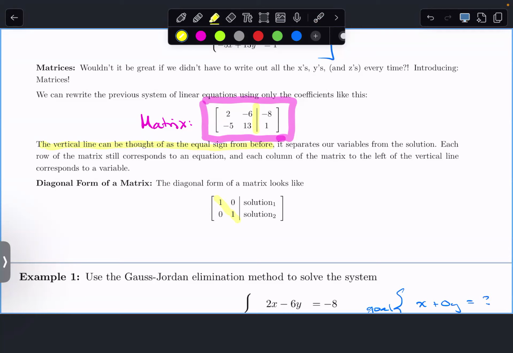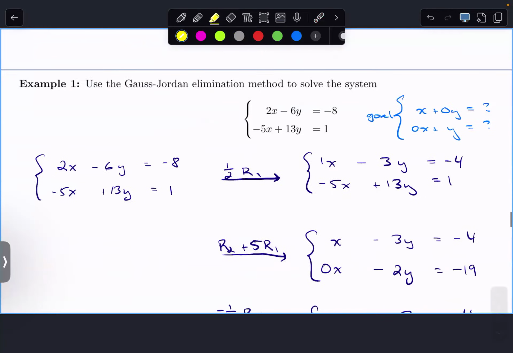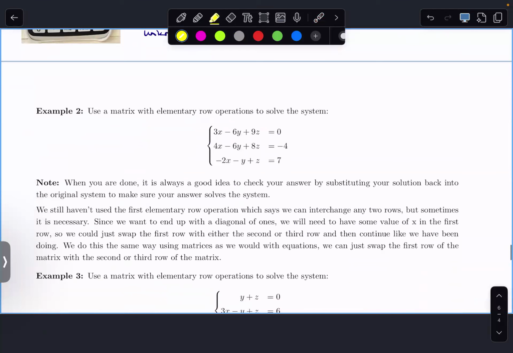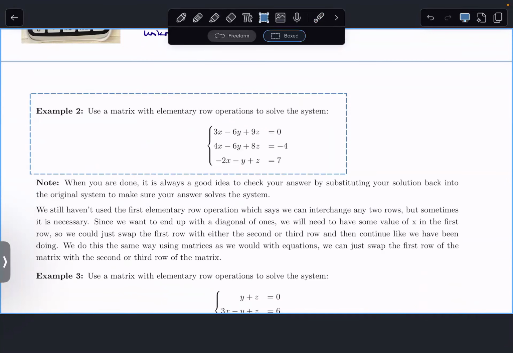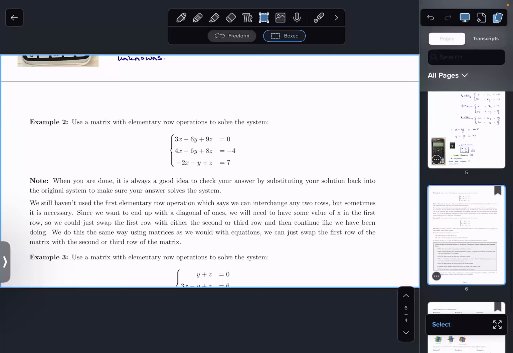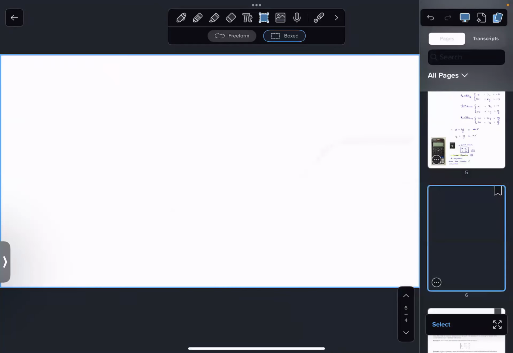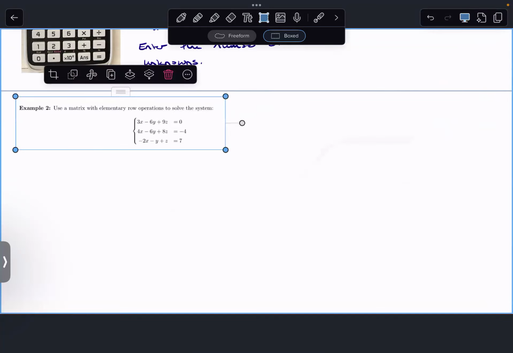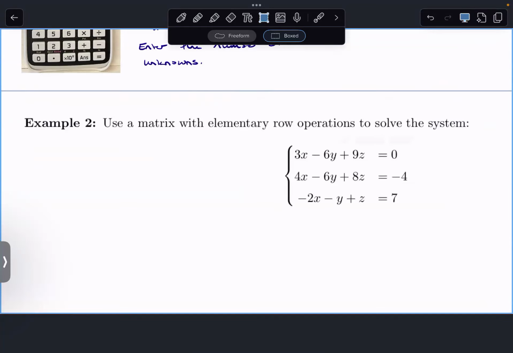Okay. This is from that previous example, but luckily, maybe I'll add a page up here instead. Use a matrix with elementary row operations to solve the system.